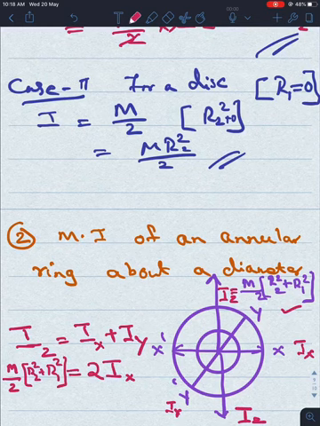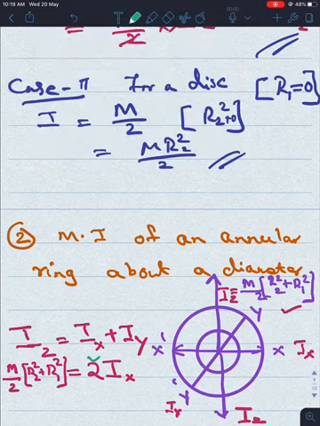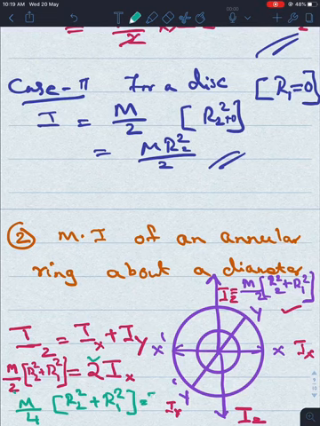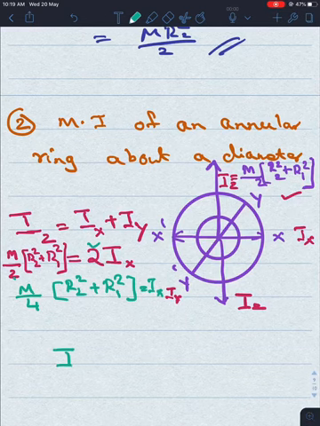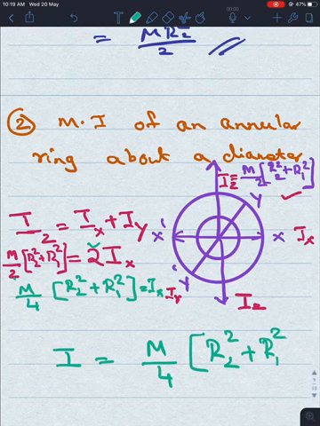So now this 2 will be taken down, so it will be m by 4 into r2 square plus r1 square. So we know that Ix is equal to Iy. So the moment of inertia about a diameter for an annular ring is nothing but m by 4 into r2 square plus r1 square.